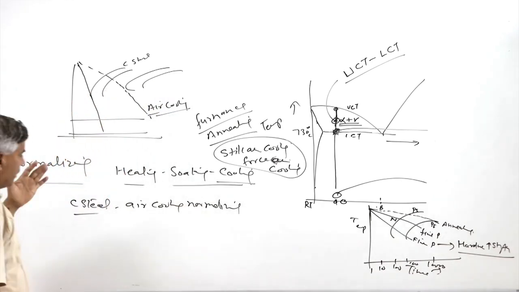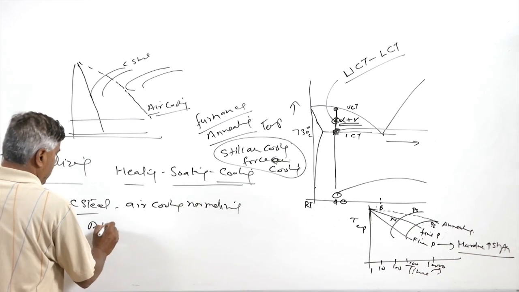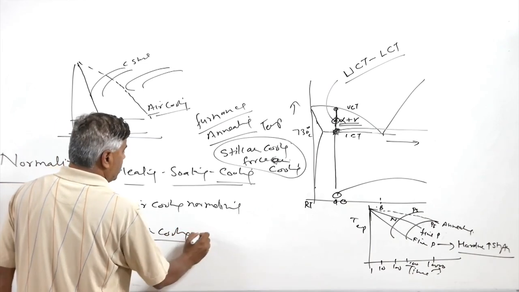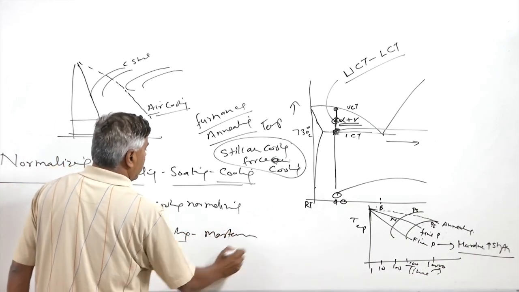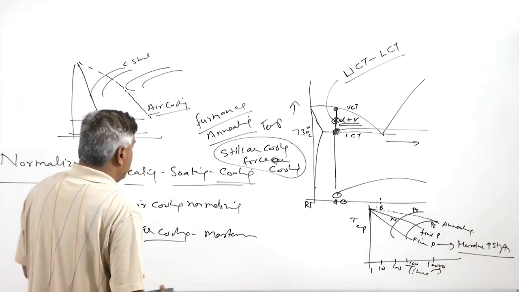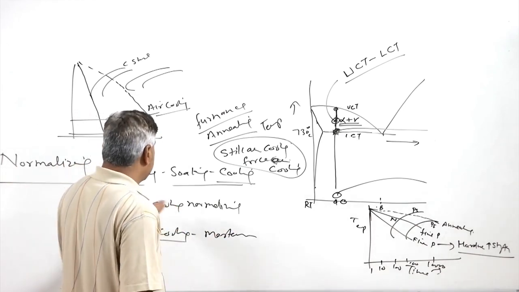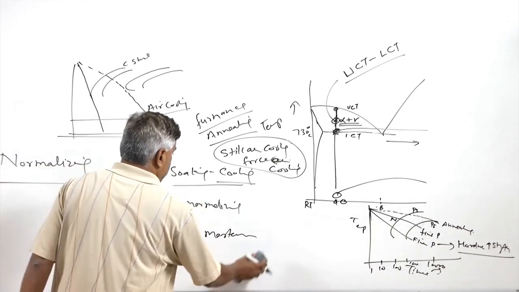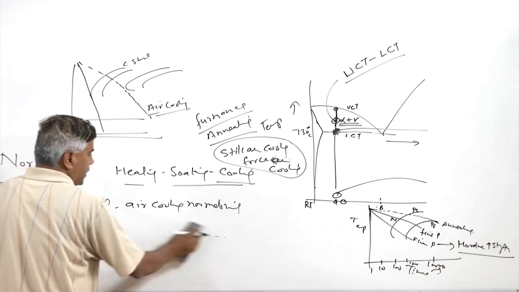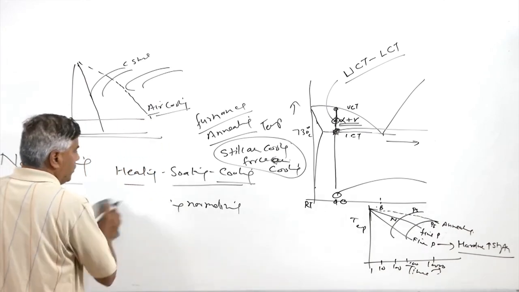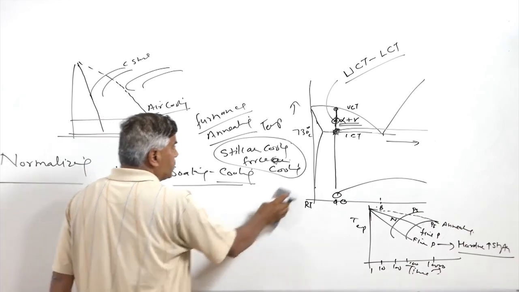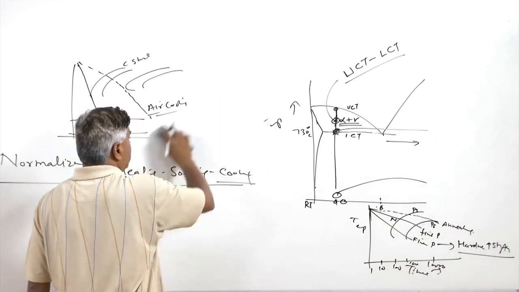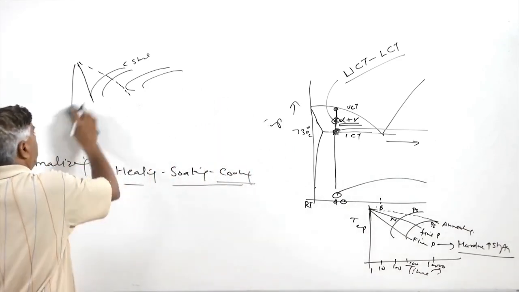So for alloy steels, even air cooling may lead to the martensitic transformation, or air hardening can occur. In this kind of situation we need to control the cooling rate appropriately, so that we go for normalizing only under the condition of cooling by air. So air cooling may not always lead to normalizing, it can cause air hardening, especially in the case of alloy steels having higher hardenability.